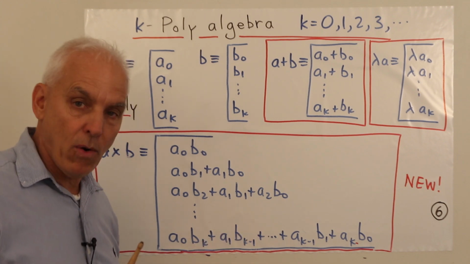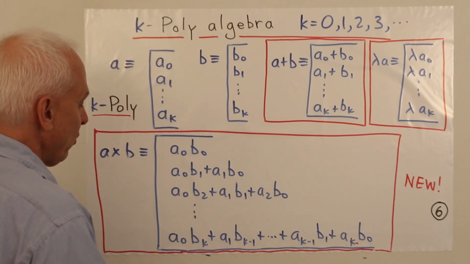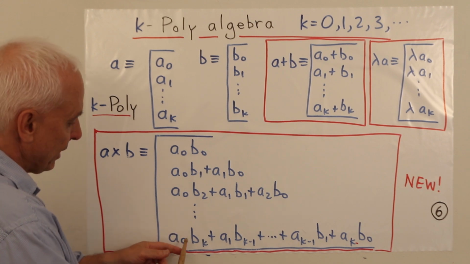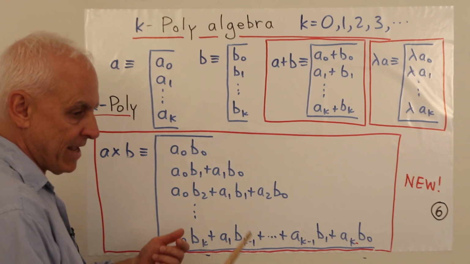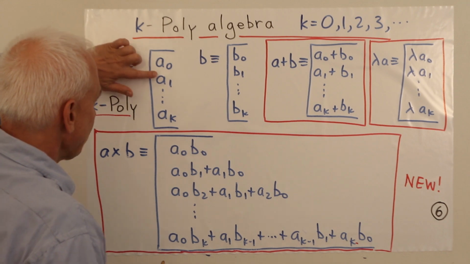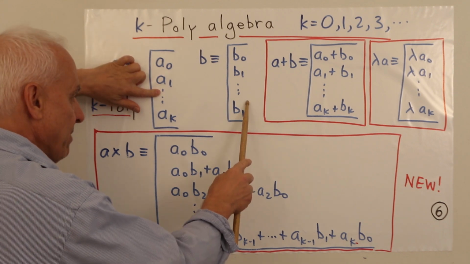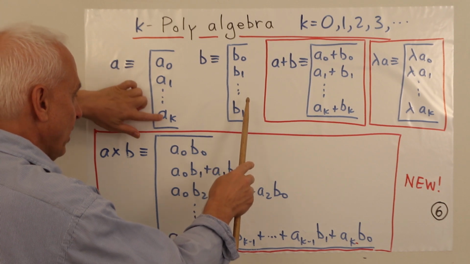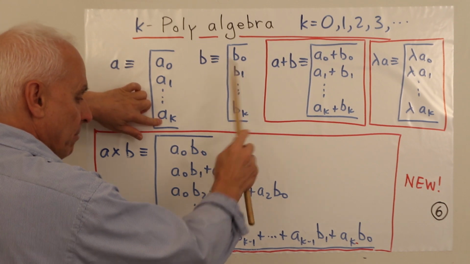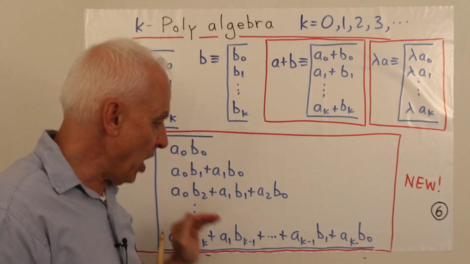You would have to keep going, because the next one would have total sum of degrees k plus 1. So you could get a1 times bk plus a2 times b(k minus 1), etc., all the way up to plus ak times b1. But that term is not involved here.